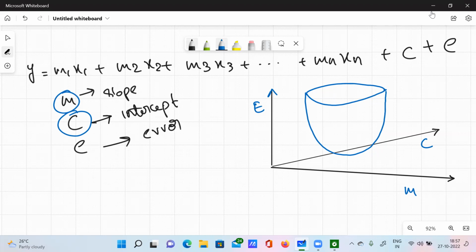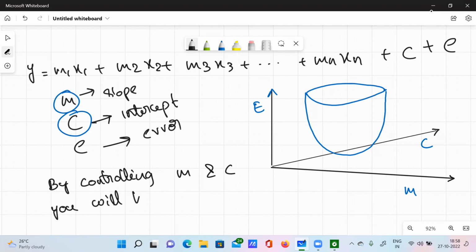For example, you'll have an infinite number of lines or shapes here. So by controlling M and C, you will get the best fit line here, right?